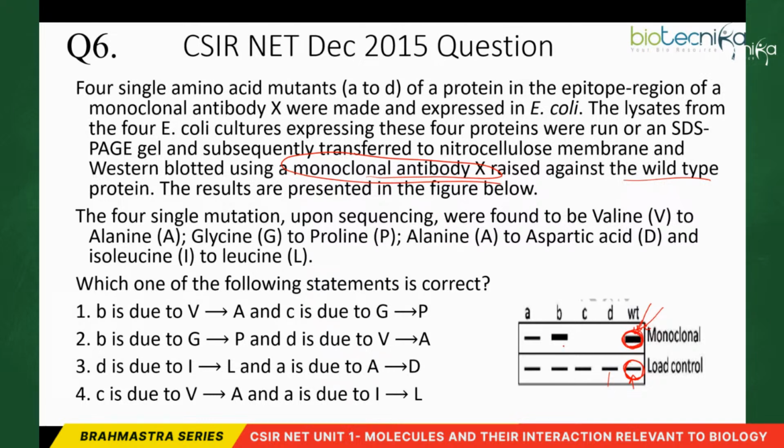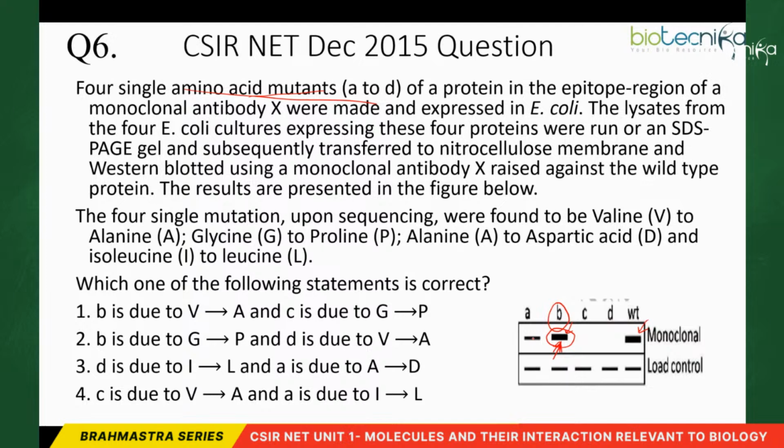Okay, same in B also. If you now compare the amount of binding, you would see B also has the same amount of binding, which means that the mutation, whatever single amino acid mutation B had, did not change the nature of the amino acid, because of which it is not changing the overall folding of the epitope region, and that is why it has the same binding like that of wild type.